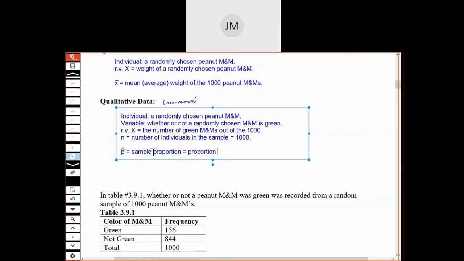Or the proportion of the 1,000 M&Ms that are green. All right, and then remember as a formula, P hat is just x over n. So if I have my random variable x, the number that are green, I just divide that by, in this case, 1,000 to get the percentage or proportion that are green.